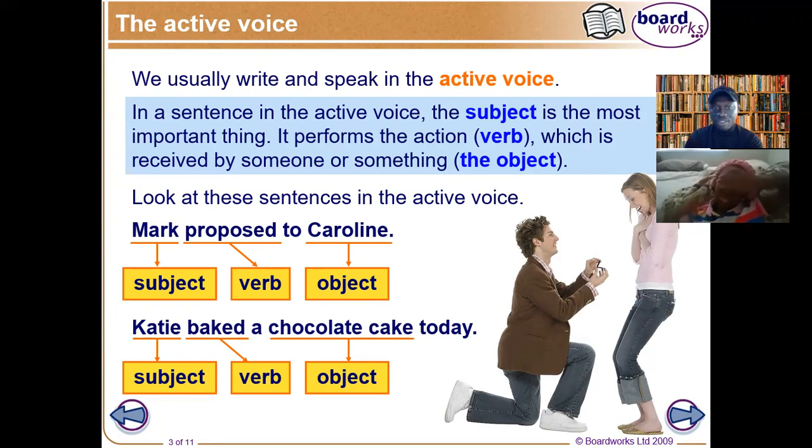That I should do what? Can you reconstruct the sentence here? Mark proposed to Caroline, taking Mark to the end and taking Caroline to the beginning of the sentence? That means it's Caroline who proposed to Mark.